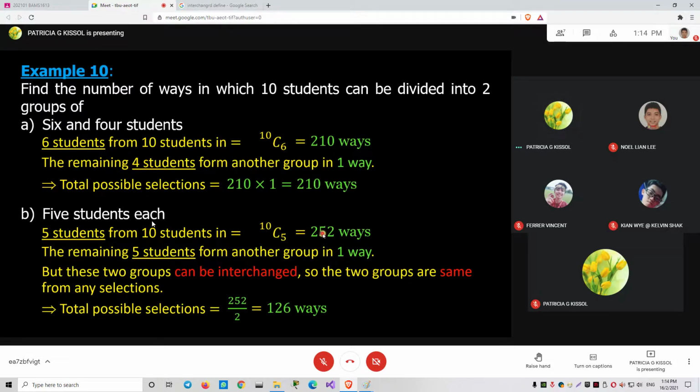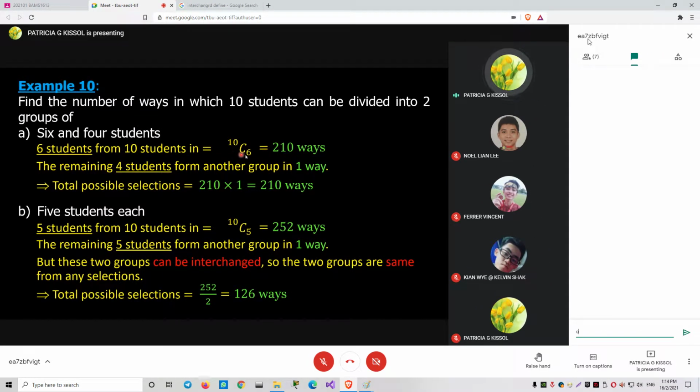Because you see, from the first example, 6 and 4, the number 6 is fixed. You cannot compare it with the 4 students in the other group. With 6 and 4, you have to choose the 6 students first, and that's why we have 10 combination 6, that gives us 210.